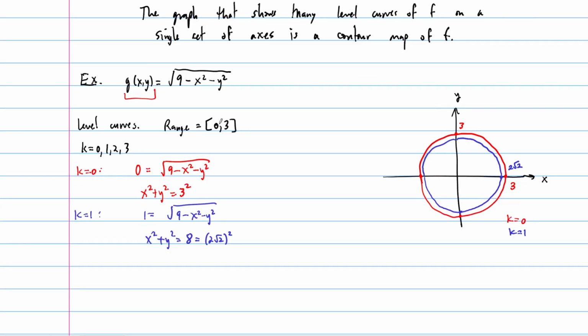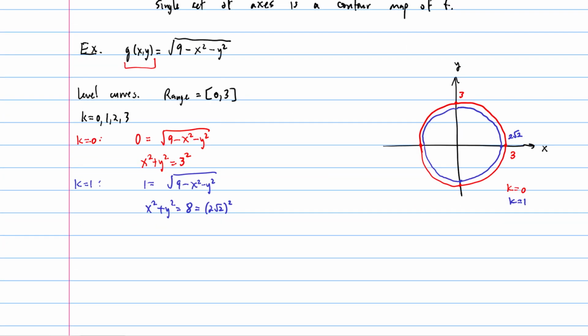Okay, then we'll go to 2 then. Next step, right, is go up to 2. So we'll do this one in green. When k is equal to 2, let's see what happens. So 2 is equal to the square root of 9 minus x squared minus y squared. Square it, rearrange. This time we get x squared plus y squared equals 5, right? And so the radius is the square root of 5, which is still a little bit bigger than 2, right?